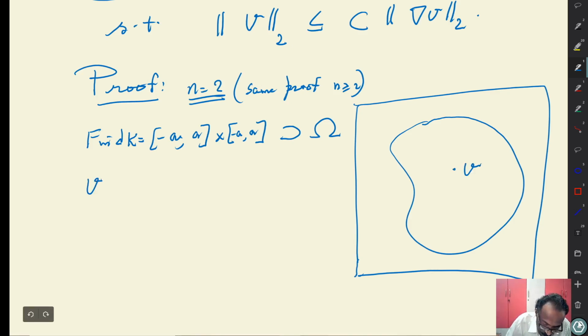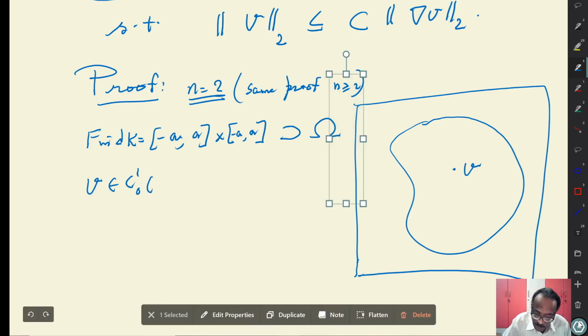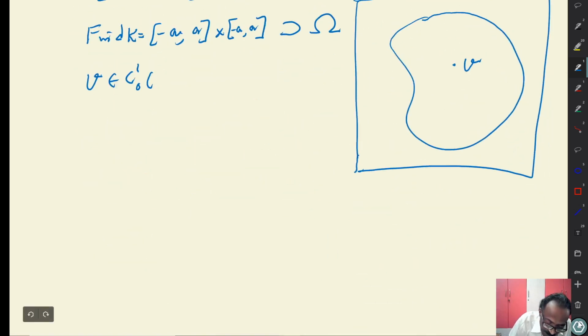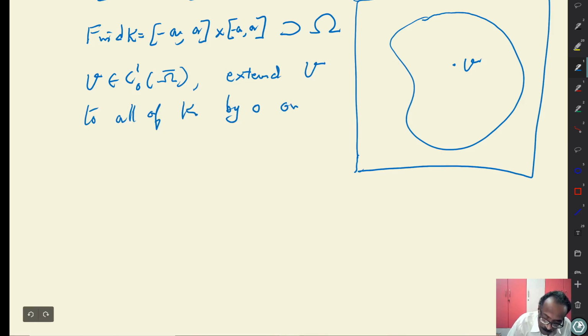For V in C1 naught of omega bar, we prove this inequality, and then by density it is true for all of X. So for V in C1 naught of omega bar, extend V to all of K by 0 outside omega.